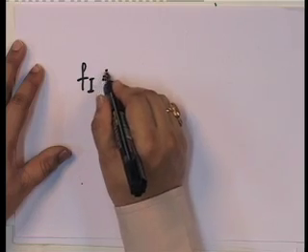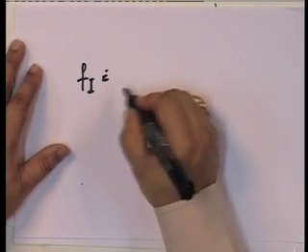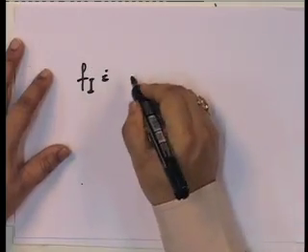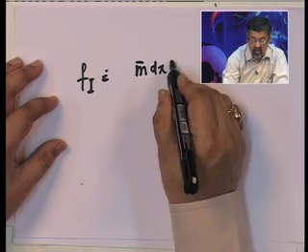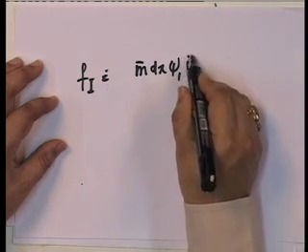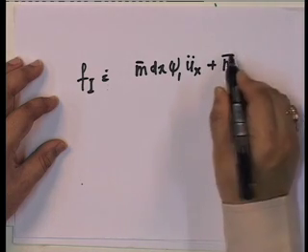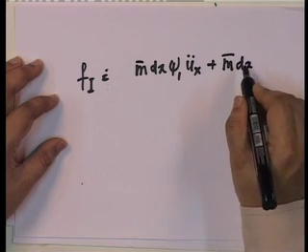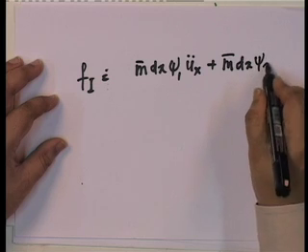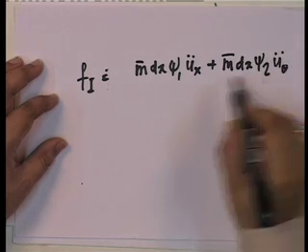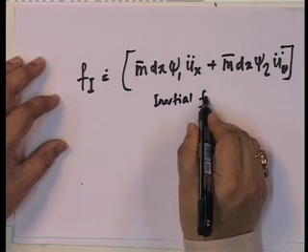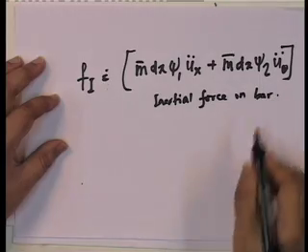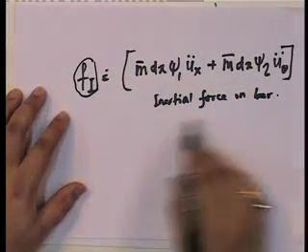So, I mean, this is not F I, this is the inertial force per unit length, that is going to be equal to m bar dx xi 1 u x double dot plus m bar dx xi 2 u theta double dot. So, this is the inertial force on the bar. Okay.